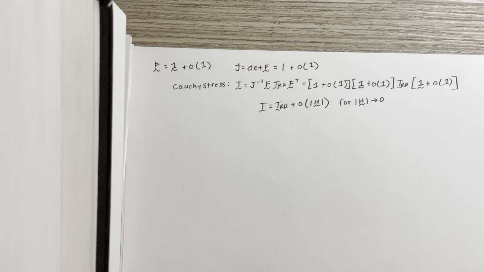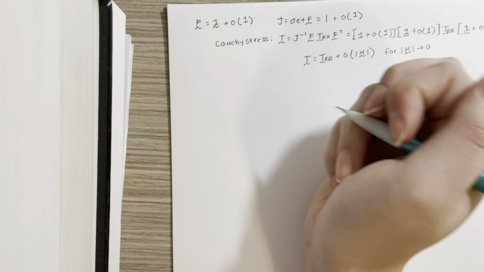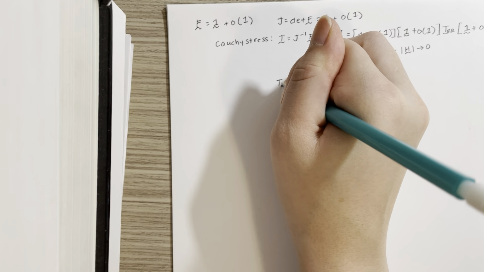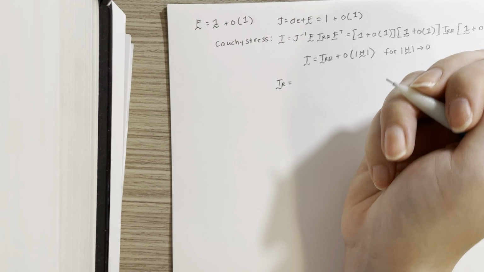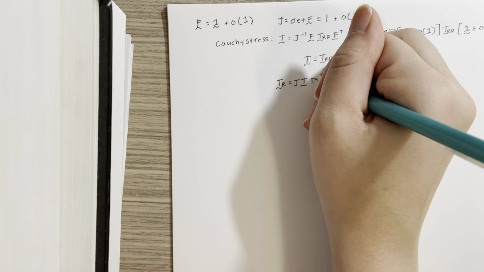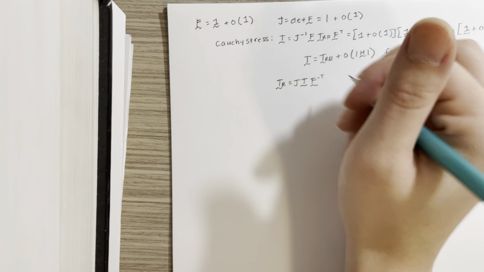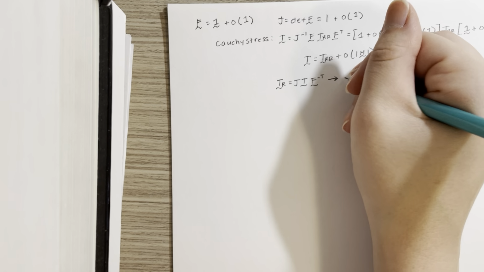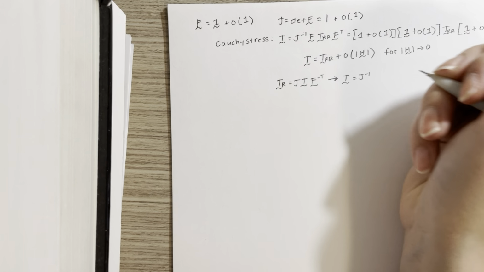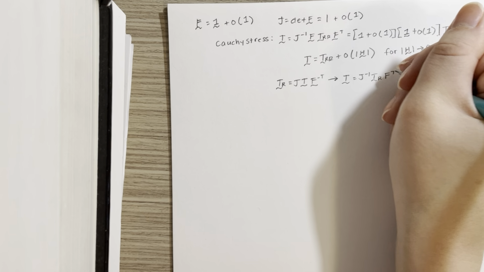Now we can also express the stress tensor in terms of the first Piola-Kirchhoff tensor. We have that T_R is equal to J times T times F to the negative transpose. Now solving for T, we have T is equal to J to the negative 1, T_R times F transpose.